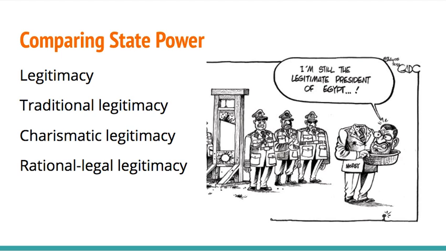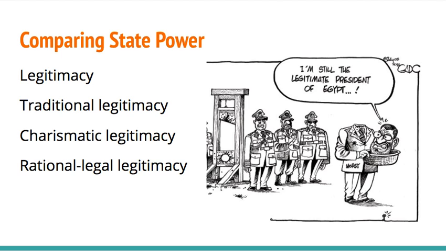around a leader. Lastly, particularly in democracies, we have what is called rational legal legitimacy, which is where the legitimacy is built on rules and procedures and the offices that create and enforce those rules, and it's strongly institutionalized. So, for example, in the United States, we currently have an elected executive, Barack Obama.